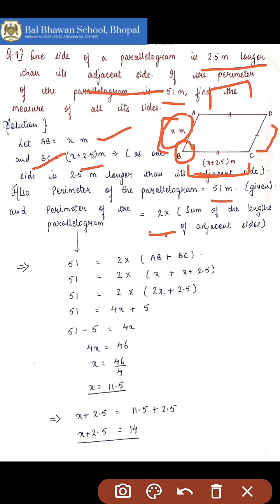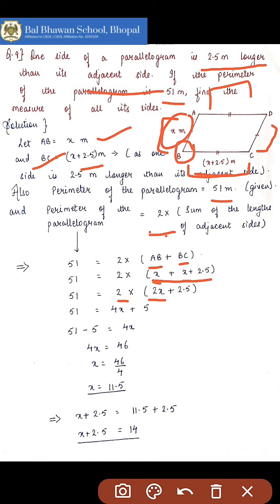So here the adjacent sides are AB and BC. Now AB we assumed as x and BC as x plus 2.5. And the sum of x and x will give you 2x. Now let us open the bracket and multiply this 2 with each term inside the bracket.